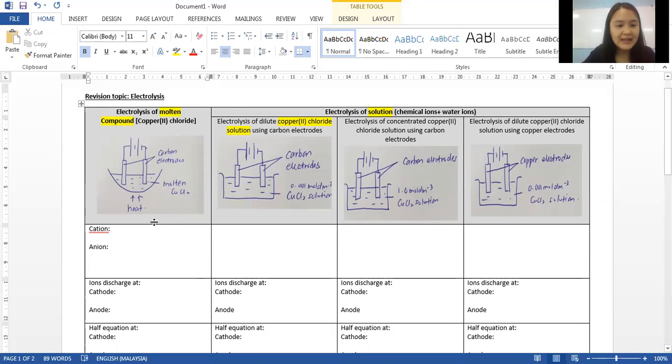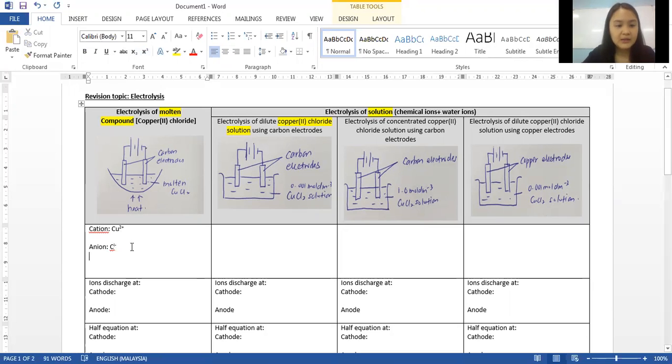So to analyze this particular process, we will first need to identify what is the cation and the anion found in molten copper 2 chloride. In molten copper 2 chloride, the minute electrolysis started, the ions will get separated. The cation that you can find over here is copper 2 ion, and your anion is the chloride ion, Cl minus. That's the only cation and anion that you have.